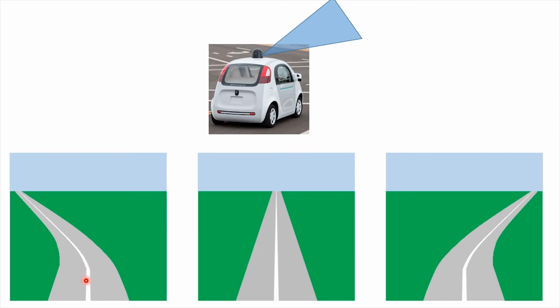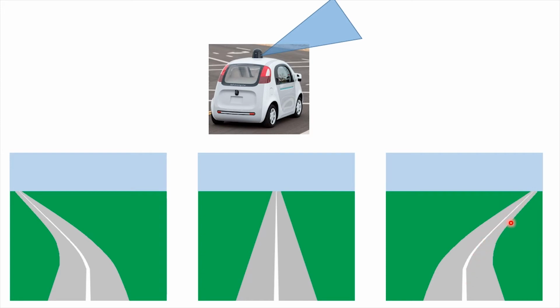In the first image, we see the road indicating the car that a turn to the left is needed, while in the second image, the road tells the car that it must continue straight. But in the third scene, we see that the road takes a turn to the right and therefore the car must follow that way.